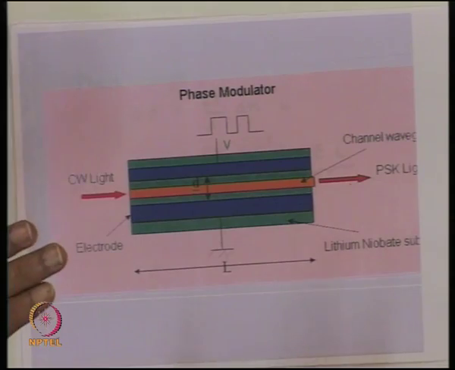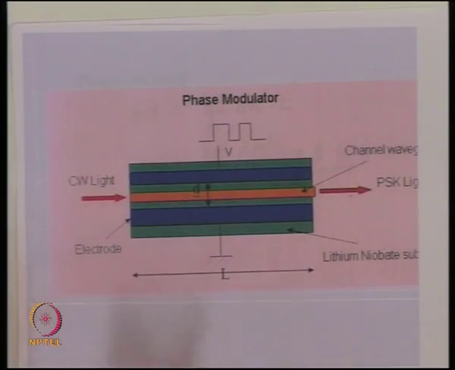So, bringing the electrodes close to each other, the electric field can be enhanced and consequently the size of the device can be reduced. Nevertheless, the size of the device cannot be miniaturized to a great extent, and you will require at least a few millimeters of length for interaction to get a substantial phase change in the device.